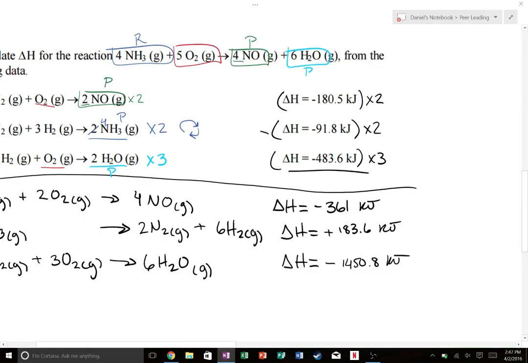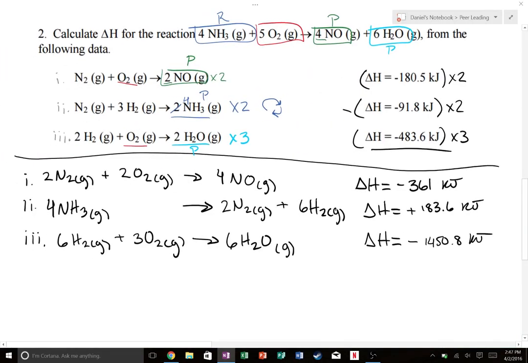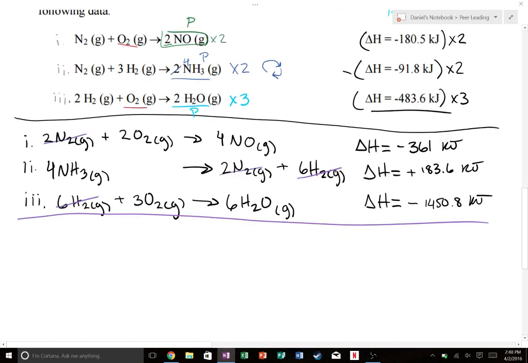Alright, so before we do any of the math, let's just make sure that all our work was correct. Let's see what cancels out here. We see that we have 2 nitrogen gases over here. That cancels out with these 2 nitrogen gases. 6 hydrogen gases cancel out 6 hydrogen gases. And I don't see anything else that cancels out. Right? So let's go ahead and write the sum of this down here.